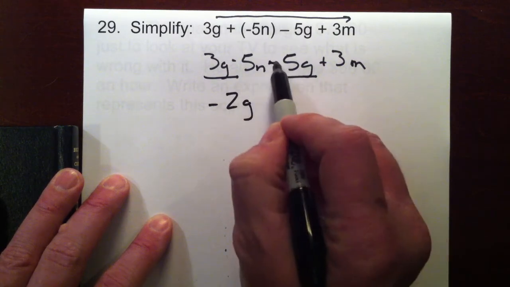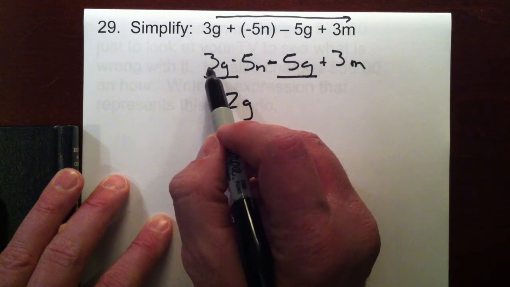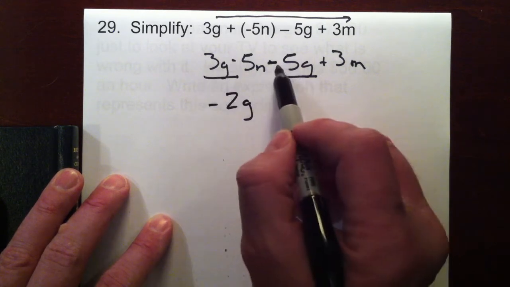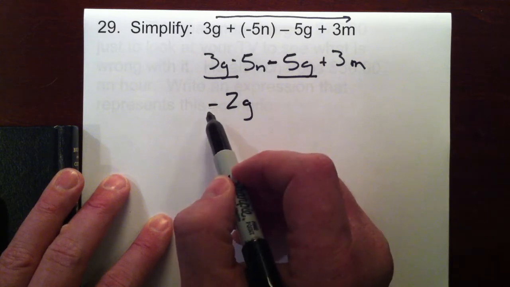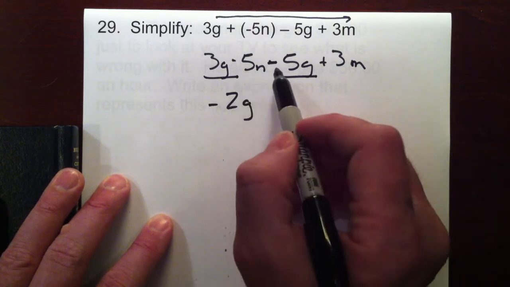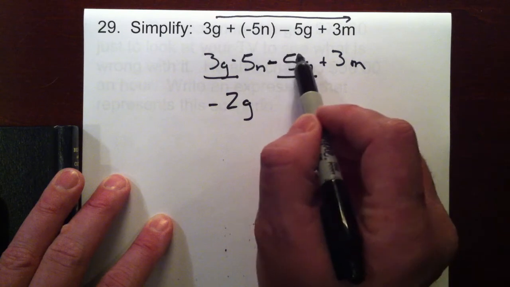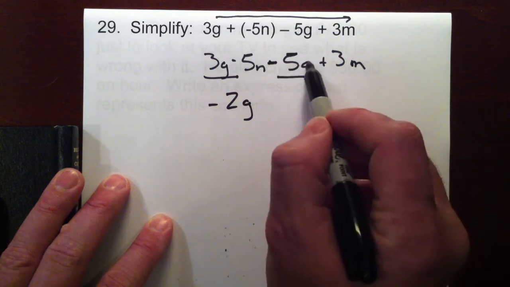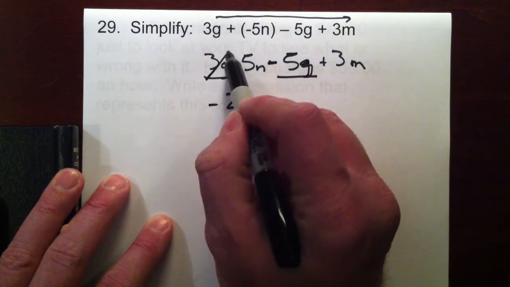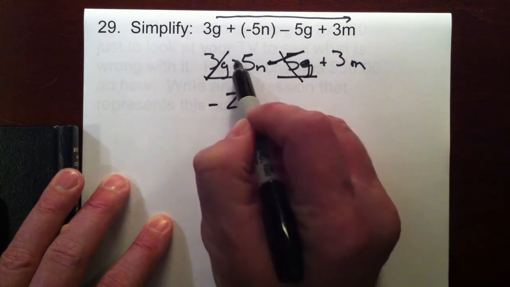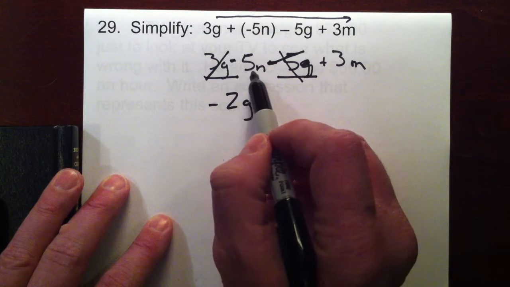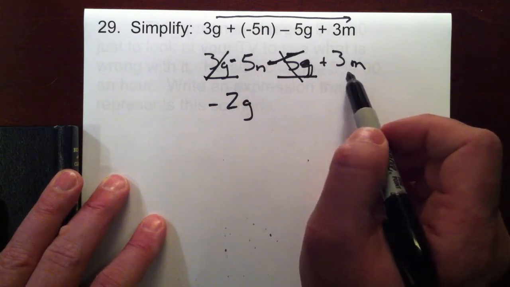Now again, think about it like this. We have 3g, or it's 3 degrees outside, and all of a sudden the temperature drops by 5 degrees. We're going to be at negative 2 degrees. And again, we know that we're going to subtract because of the sign that is in front of the 5g here. Now we can mark these guys out. Now we also have minus 5n and plus 3m.